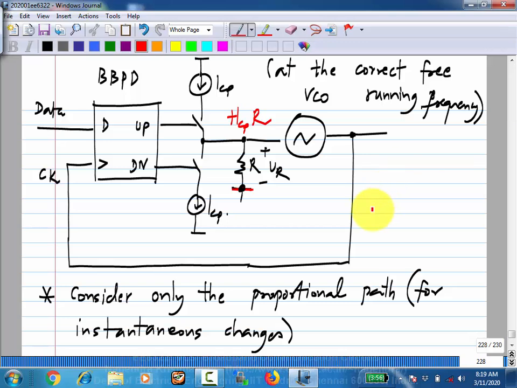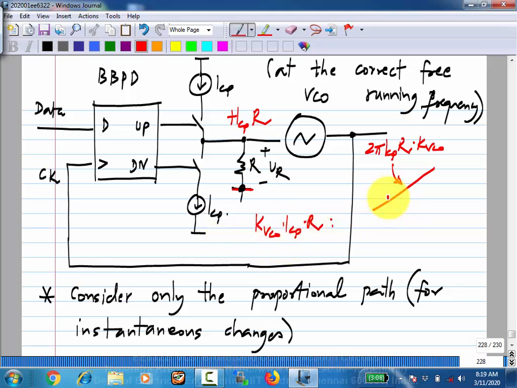Basically it will ramp up, and the slope of that will be 2 pi ICPR KVCO, right? Because what is this ICPR? This is the voltage here, and KVCO times ICPR is the frequency step.